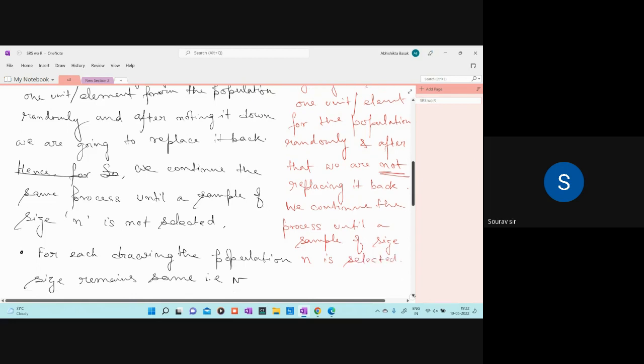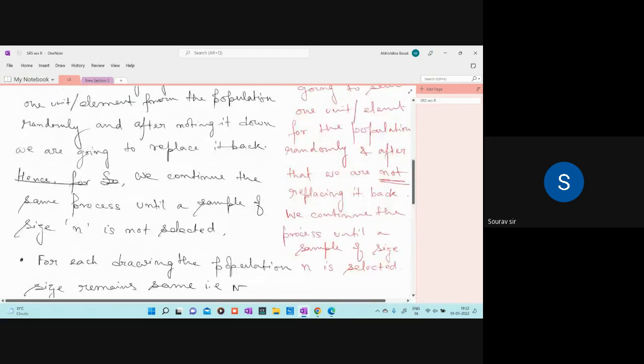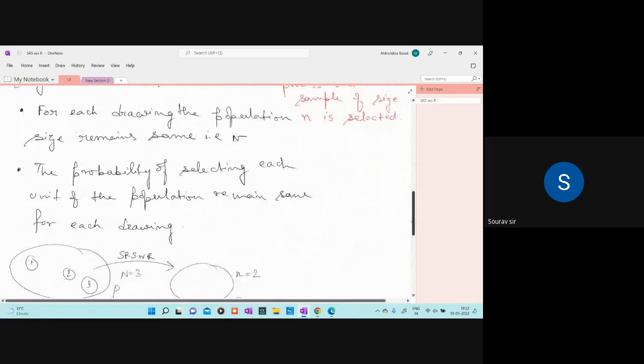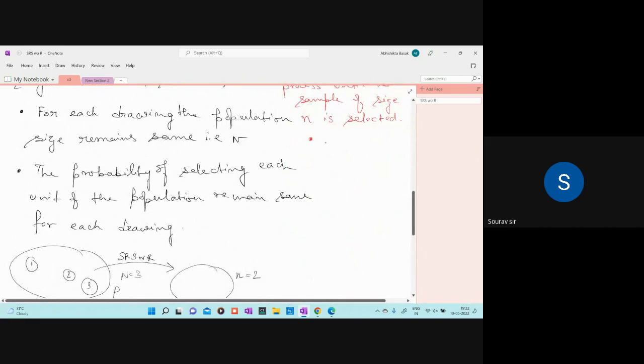Okay, next, what are the key points here? The key points are, for each drawing, the population size decreases by 1, because first we have N units.